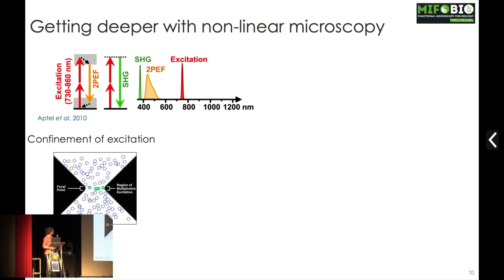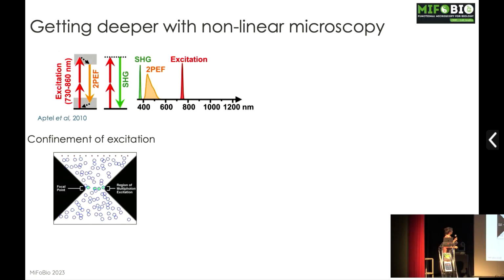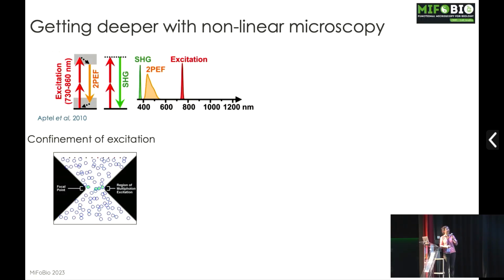And the principle is really intuitive, and the great benefit is that you will excite and bleach only the fluorophores that are at the focal point, where statistically this is the only place where you can have the interaction of two photons at the same time, because of the pulse compression and the high numerical aperture, so high focalization of light into a tiny volume.